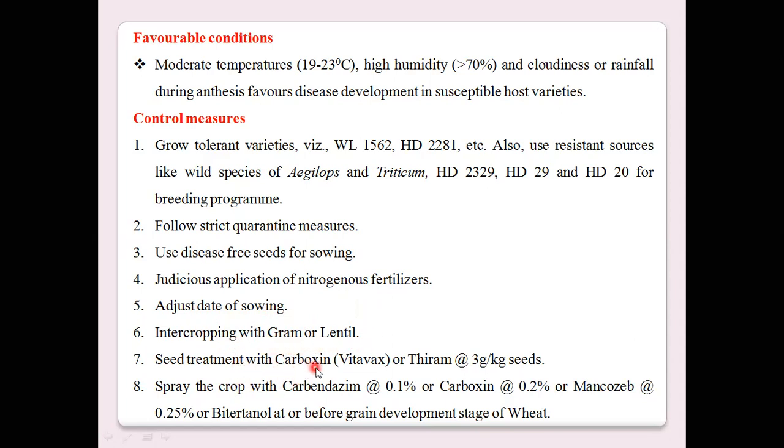Then seed treatment with carboxin or Vitavax or Thiram at the rate of 3 gram per kg of seed, to kill the mycelia present on or inside the seed using fungicides. Then spray the crop with carbendazim at 0.1%, or carboxin 0.2%, or mancozeb at 0.25%, or bitertanol, at or before the grain development stage of the fungus.